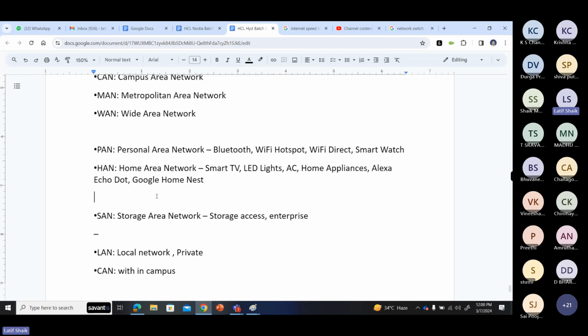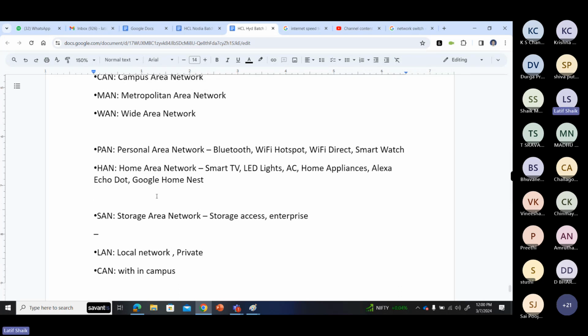I make them connect to each other for redundancy and storage access purposes. It's purely for storage, purely inside enterprises, not small businesses, not home purposes. We use this storage area network only for storage access.